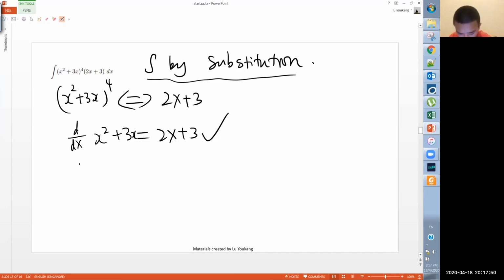How? If you let u be x squared plus 3x, then this whole thing is replaced by u, and this is your du dx, right? Then you can solve it.